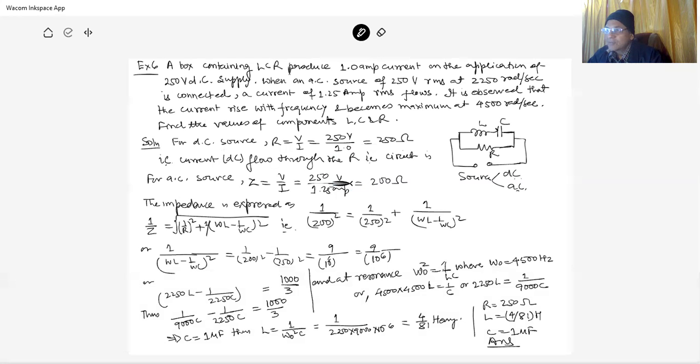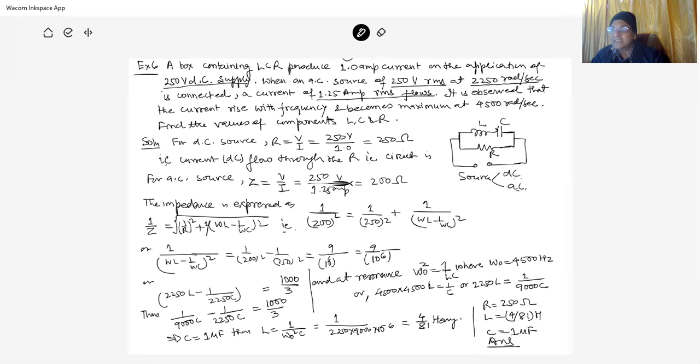The sixth problem is the mysterious problem where we have to find out something. A box containing LCR produces 1 ampere current on the application of 250 volt DC supply. When an AC source of 250 RMS at 2250 radian per second is connected, a current of 1.25 RMS flows.